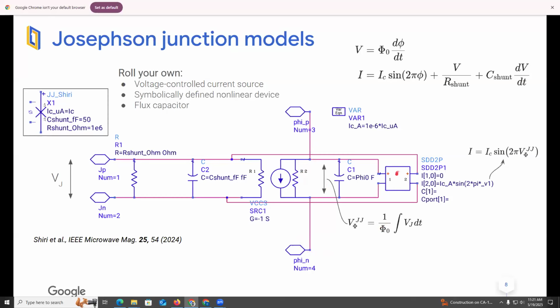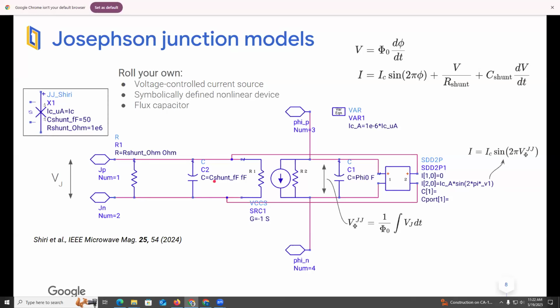And the last thing we need to do is to express this first part of the equation. So we're going to have a device that measures the voltage on this terminal, which is essentially the flux, multiplies it by 2 pi, takes the sine of it, and multiplies it by a constant. Okay, and that will be the current at the second terminal, and that current is essentially fed back to the terminals of the junction.